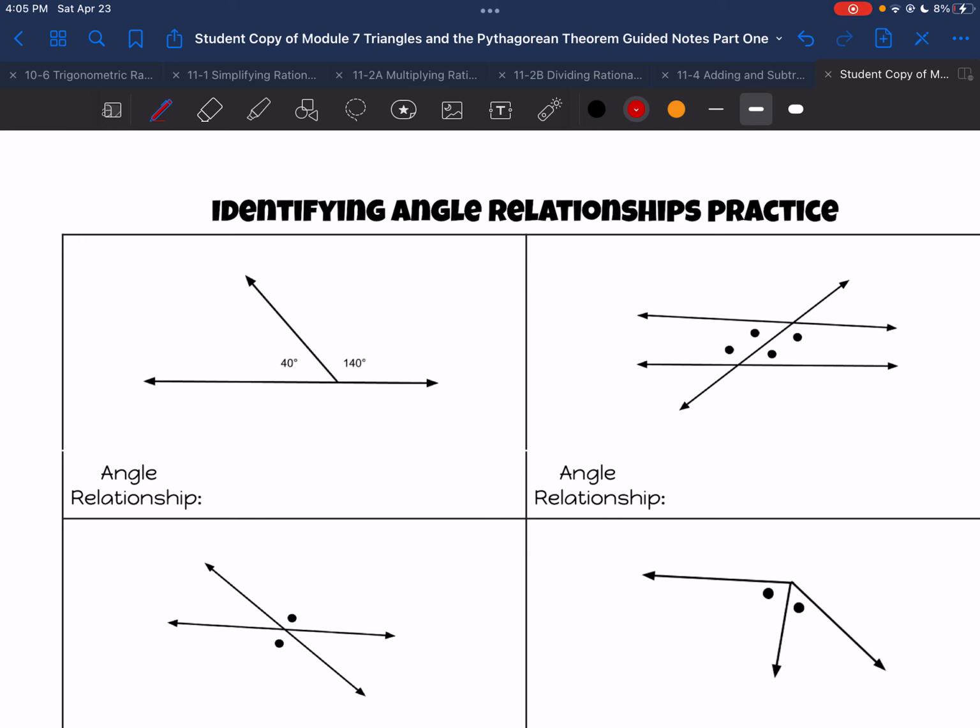Therefore, this is a linear pair. Okay, they are supplementary, they are adjacent, they are a linear pair. Okay, next one we are looking at where these dots are, and they're in the middle, so those are interior angles.